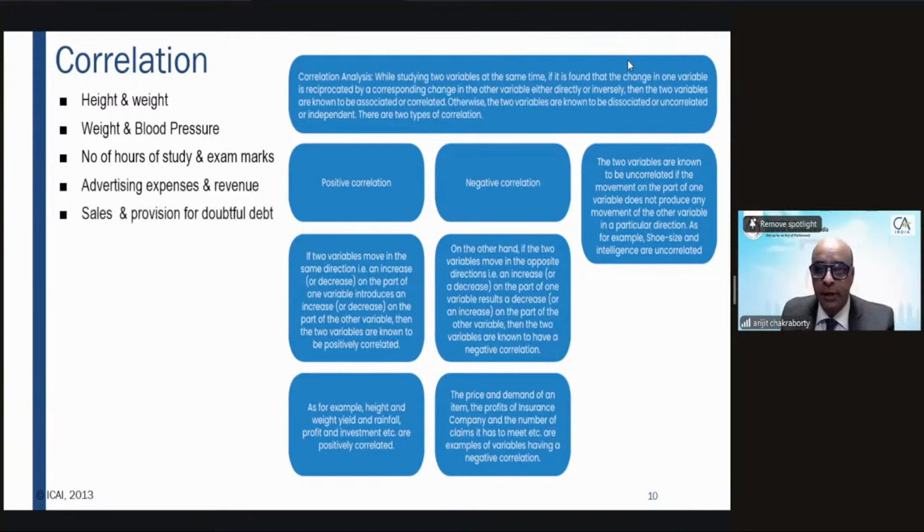Third example, advertisement and revenue. Fourth example, sales and provision for doubtful debt.